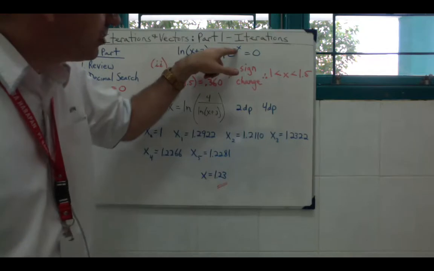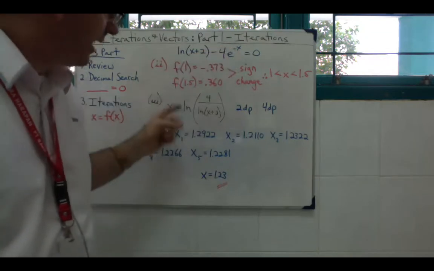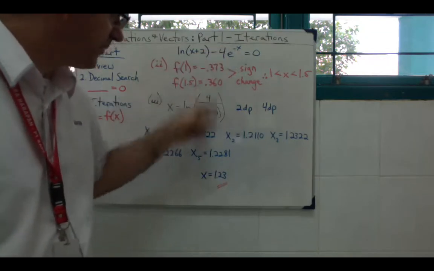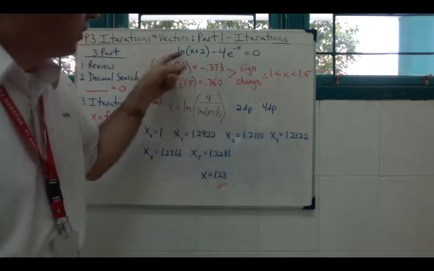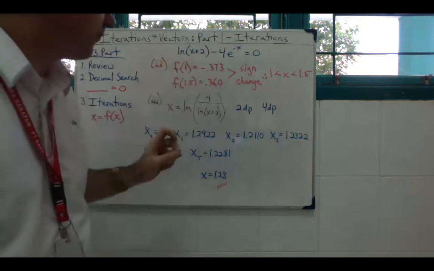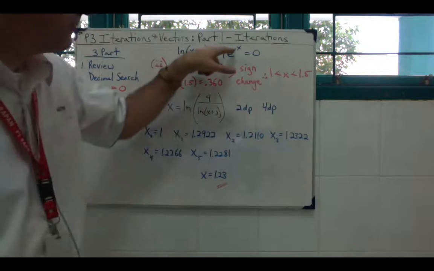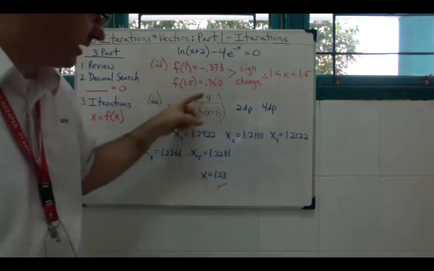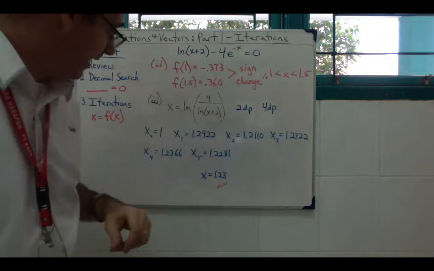And then when you divide by the negative on your logarithm, it flips the fraction upside down. So it was ln of (x plus 2) divided by 4, and that little negative, when you divide it at the end, flips it upside down to 4 over ln of (x plus 2).